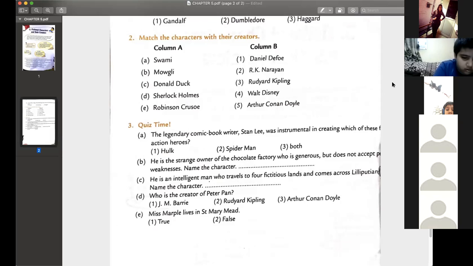He is an intelligent man who travels to 4 fictitious lands and comes across Lilliputians. Name the character. You must have read the stories. A man who is very tall, and then becomes shorter. He's taller than most of the people.